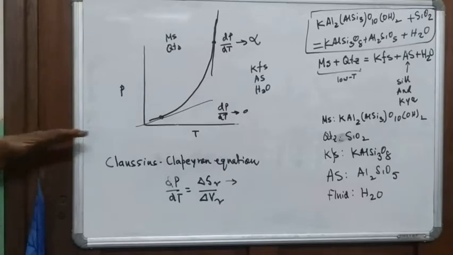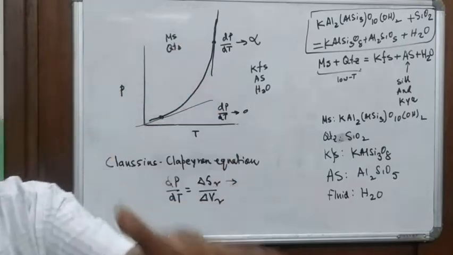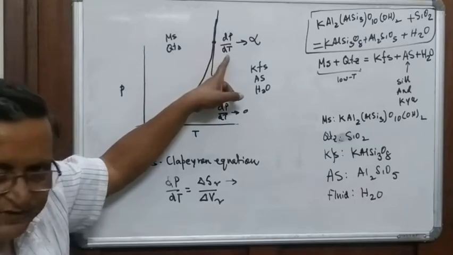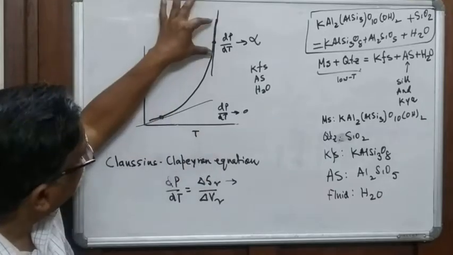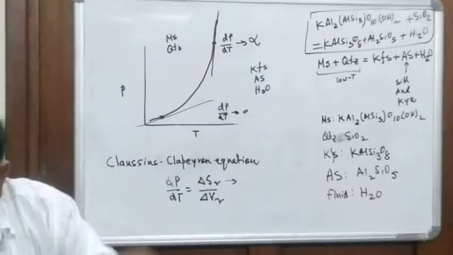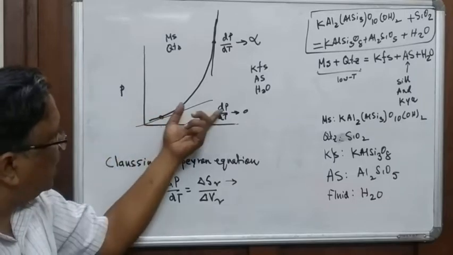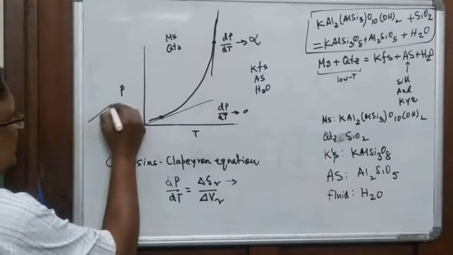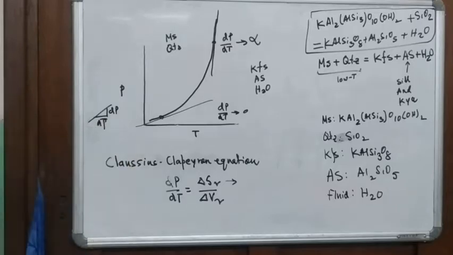It becomes flat like this. It's not 0, but tends to 0. This is not infinity, tends to infinity. This is dP, change in pressure as a function of temperature. You can see large pressure difference, small temperature change, so it's infinity. And this is just the reverse, a small value of P and a large value of T. This is dP and this is dT. Right? Okay.